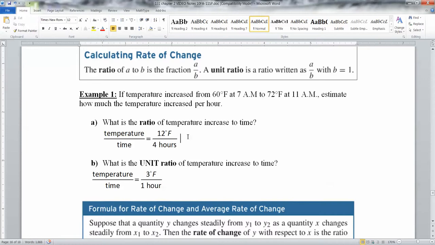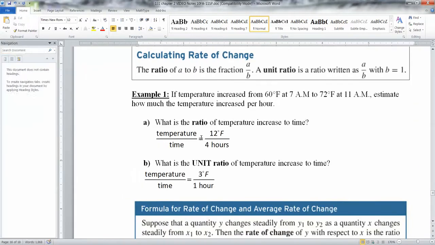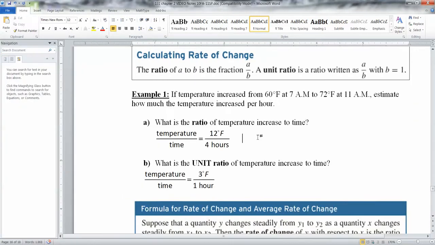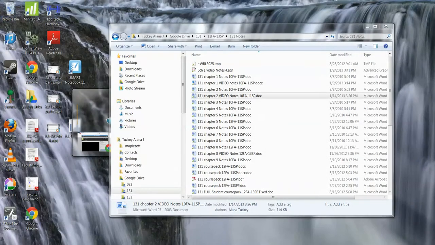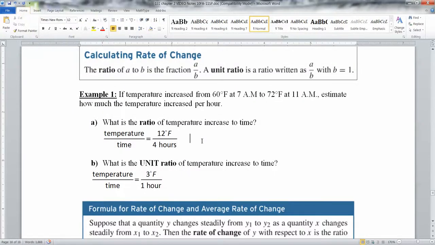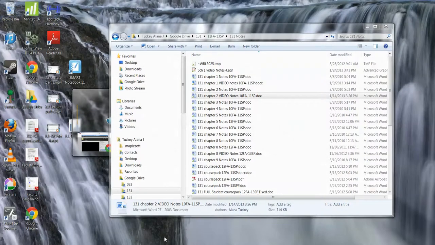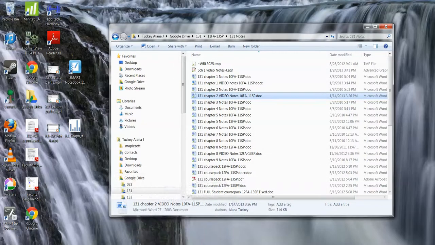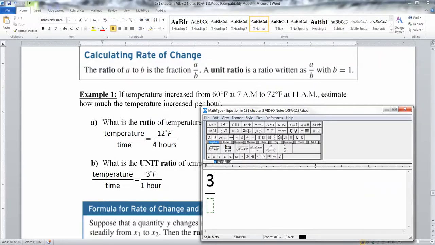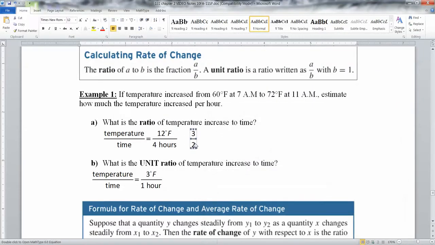Just on a side note, if this one had been 3 over 2, then for the bottom one you would make a little note over here.